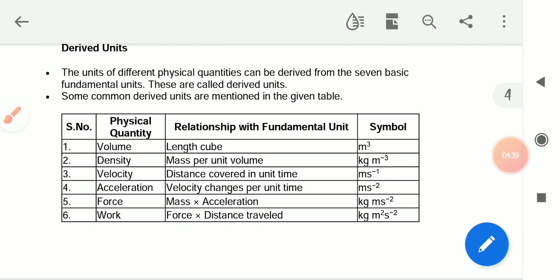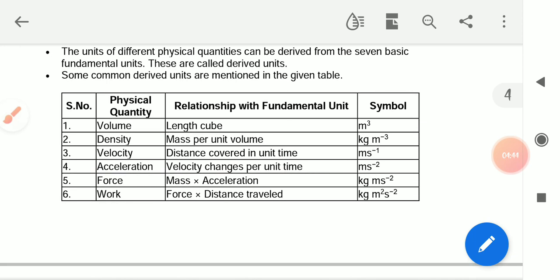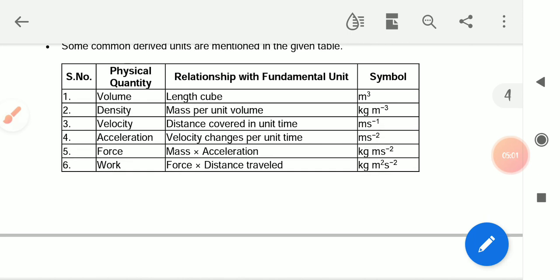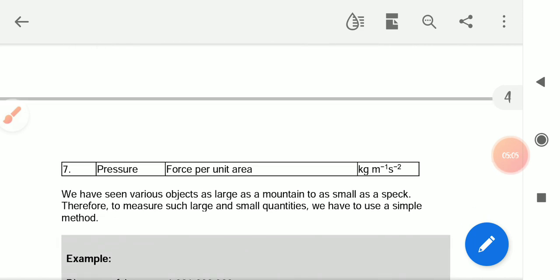You can see their table: volume, length cubed, meter cubed; density, mass per unit volume, kilogram per meter cubed; velocity, distance covered in unit time, meter per second; acceleration, velocity change per unit time, meter per second squared; force, mass into acceleration, kilogram meter per second squared; work, force into distance traveled, kilogram meter squared per second squared; and pressure, force per unit area, kilogram per meter per second squared.